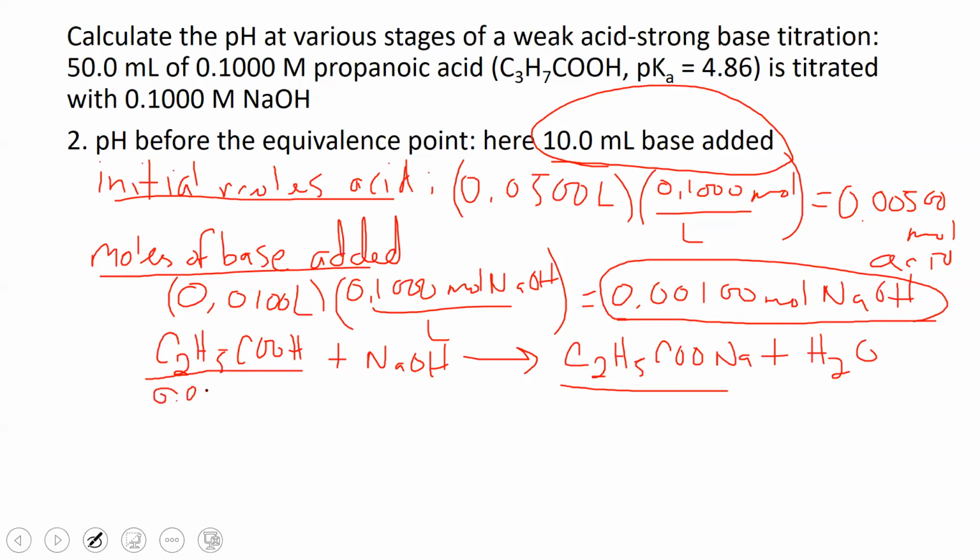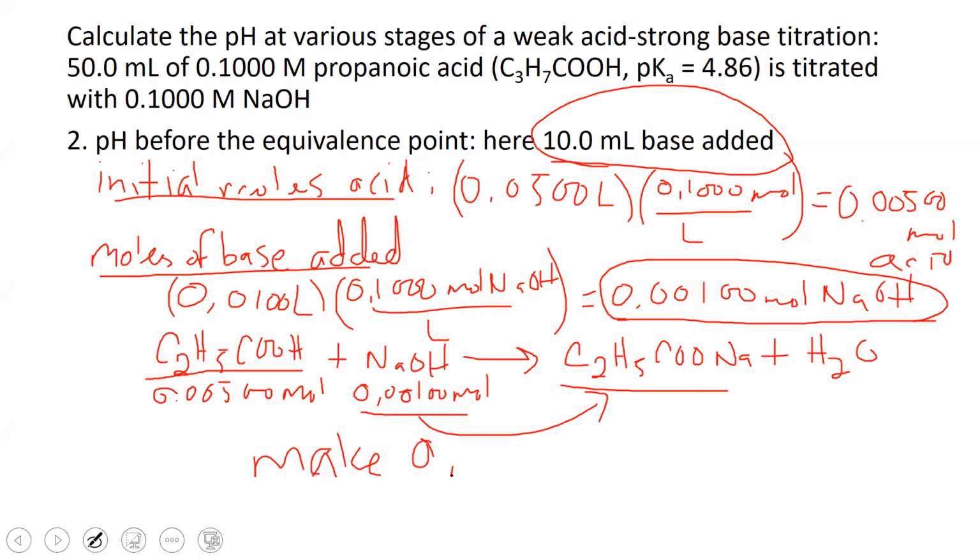We had 0.00500 moles of the acid, and we had 0.00100 moles of the base, which means we can only produce that many moles of the conjugate base, okay? So we make here 0.00100 moles of essentially this propanoate, which is the important part, right?